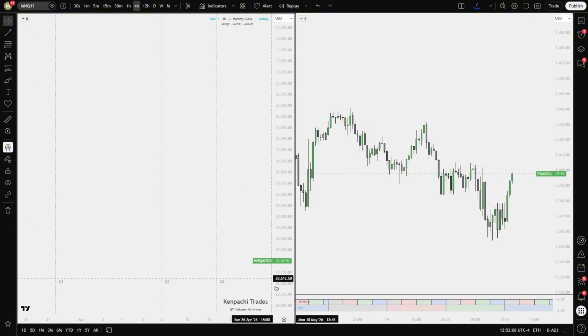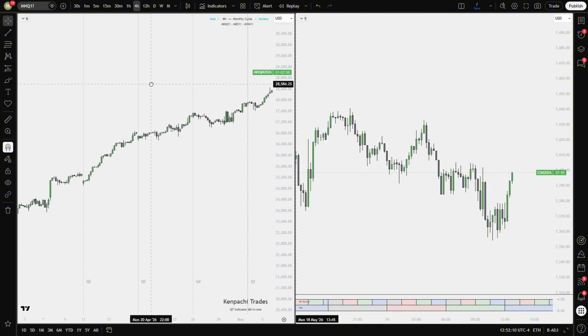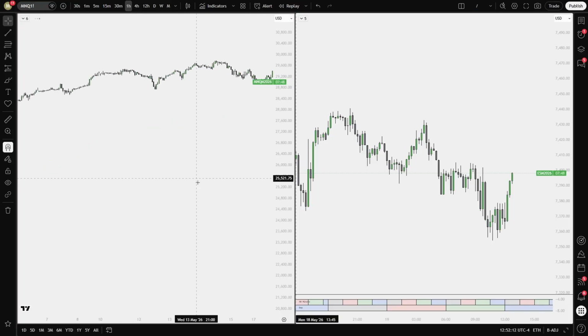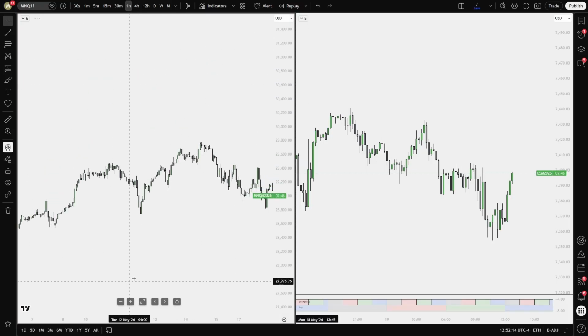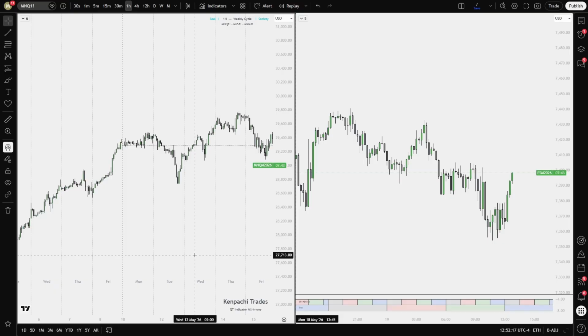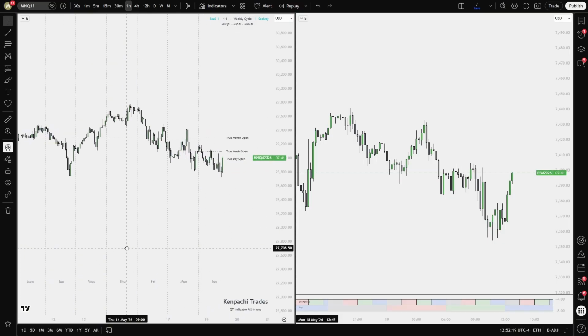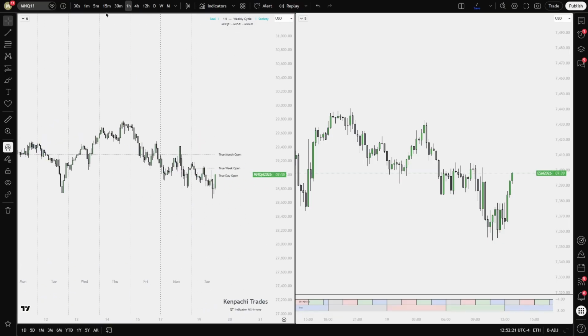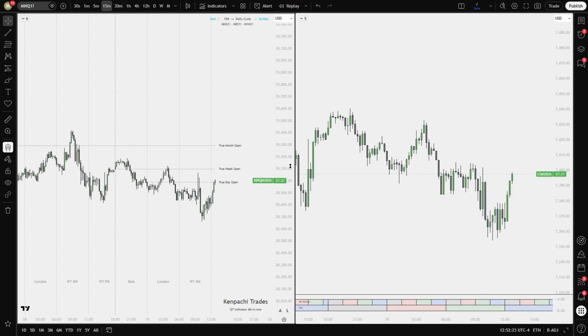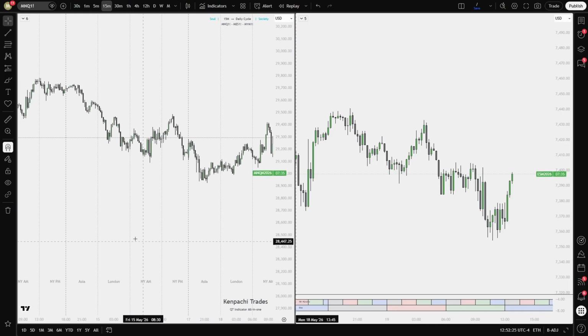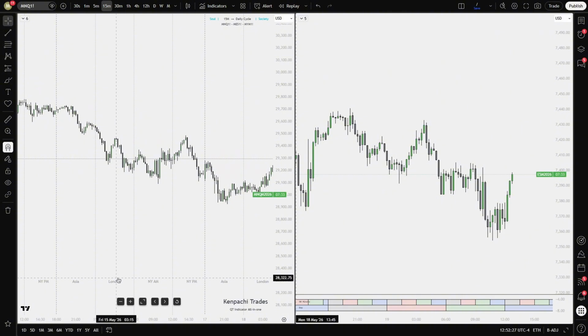Going lower to the weekly cycle, cycles will be shown as days of the week: Monday as Q1, Tuesday Q2, Wednesday Q3, and Thursday Q4. Going down to the daily cycle, it will be shown as sessions, where Q1 is Asia, Q2 is London, Q3 New York, Q4 New York PM.